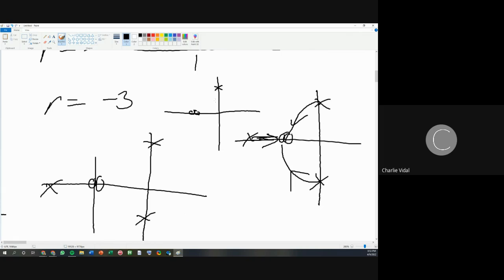There's 2 x's. This line could very well be doing something like this, right? It could want to leave over here and come into the zeros. It could come from the bottom. It could come on the top like this, maybe. I don't know. There's a lot of stuff that could happen, but we want to figure out where it's departing from.